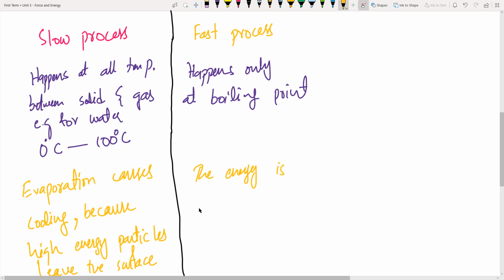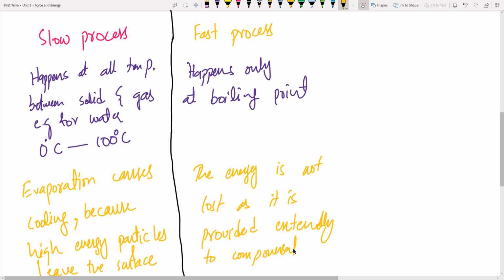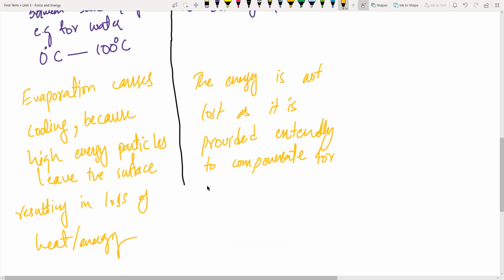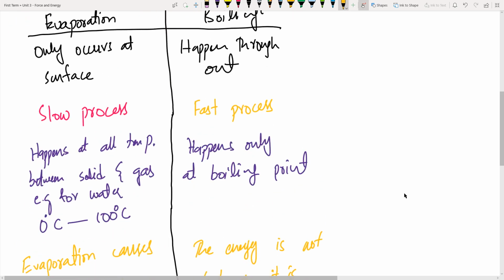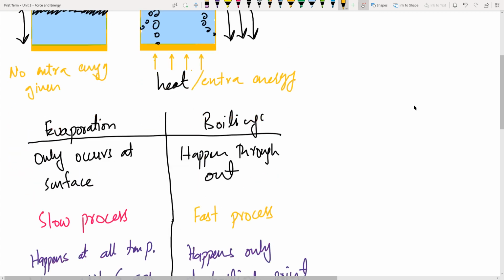The energy is not lost, as it is provided externally to compensate for loss, right? So in other words, if the energy is lost, then we provide it using an external source. So these are the four major differences between evaporation and boiling.